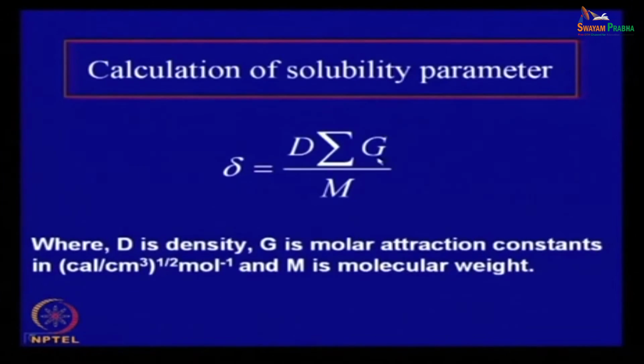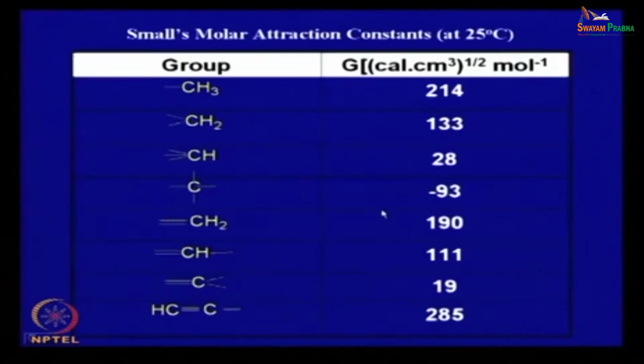And this G can be calculated, because it has been evaluated that these G values, known as molar attraction constants, were measured by experiments at 25 degrees Celsius.